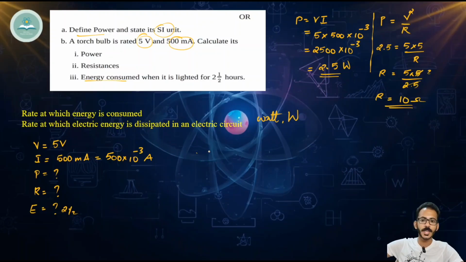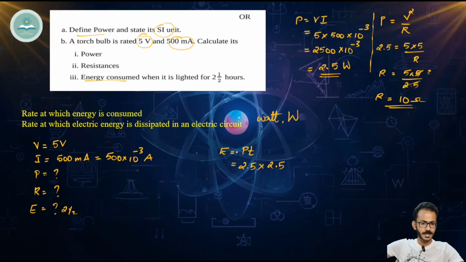The next part of the question is to find out energy. We know energy is equal to power into time. Power is already there in our hand, that is 2.5. So 2.5 into the time given as 2.5 hour again. So 2.5 into 2.5. Here we need not convert it to SI unit because energy is usually taken in the unit watt hour.